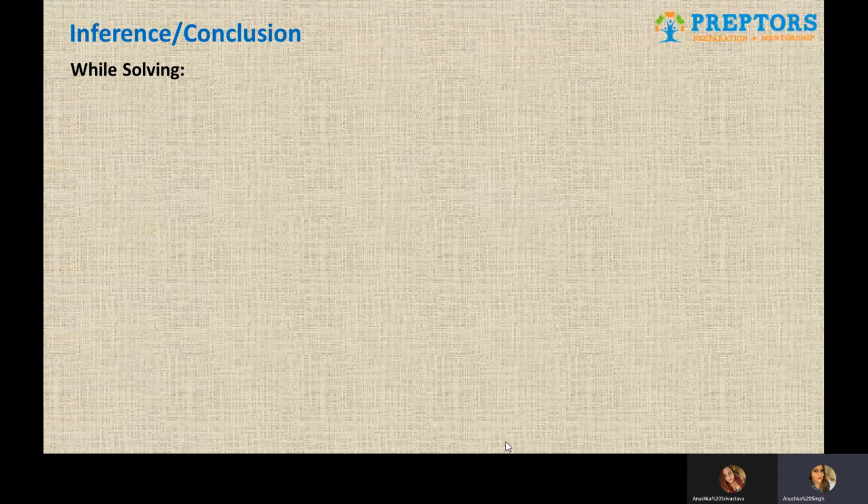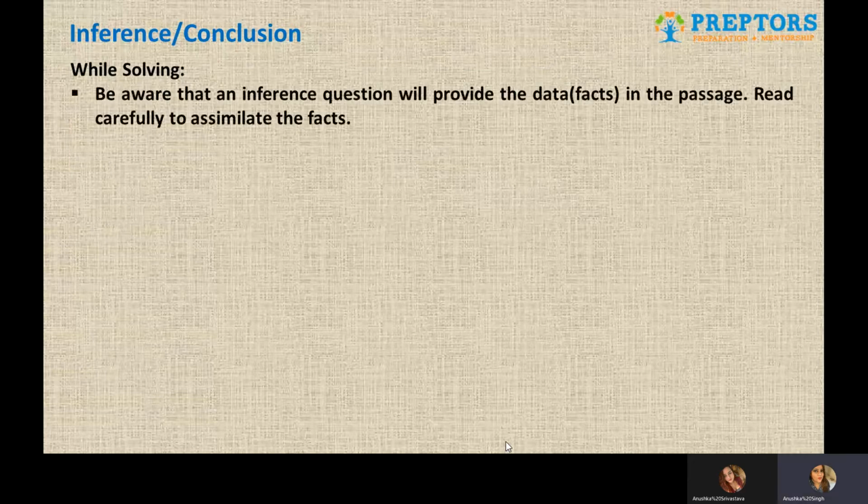Now, while solving, remember that inference questions will provide the data or facts in the passage, so you read the facts carefully. Do not in any way try to predict the answer or the inference.